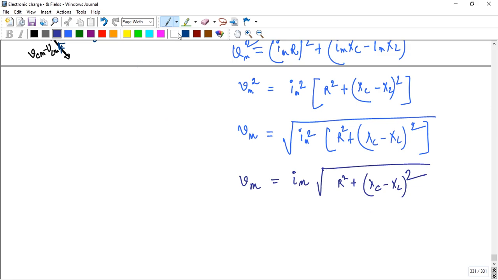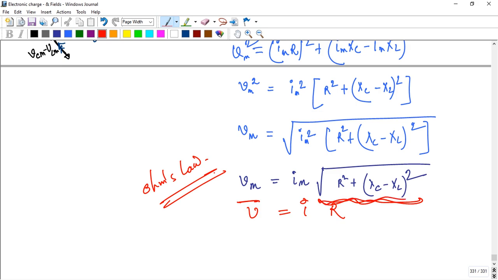From Ohm's law, V equals I R. So here this expression represents a resistor, almost like a resistor, and this is called impedance.